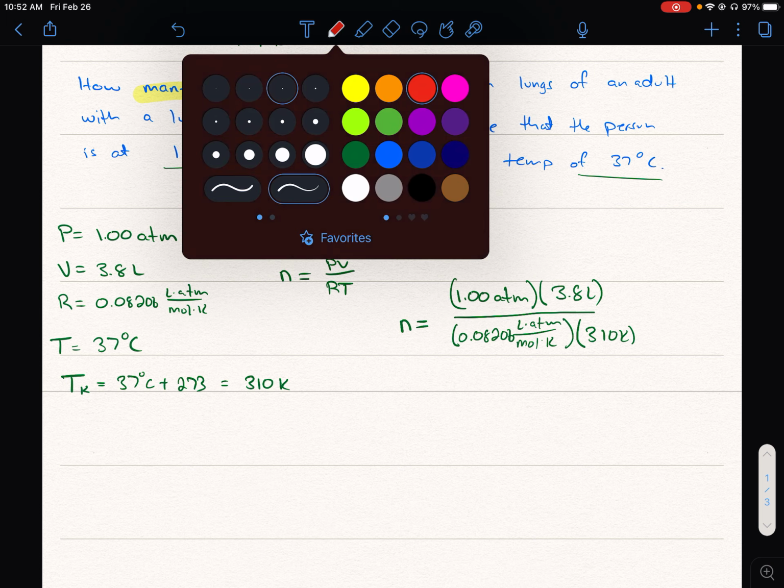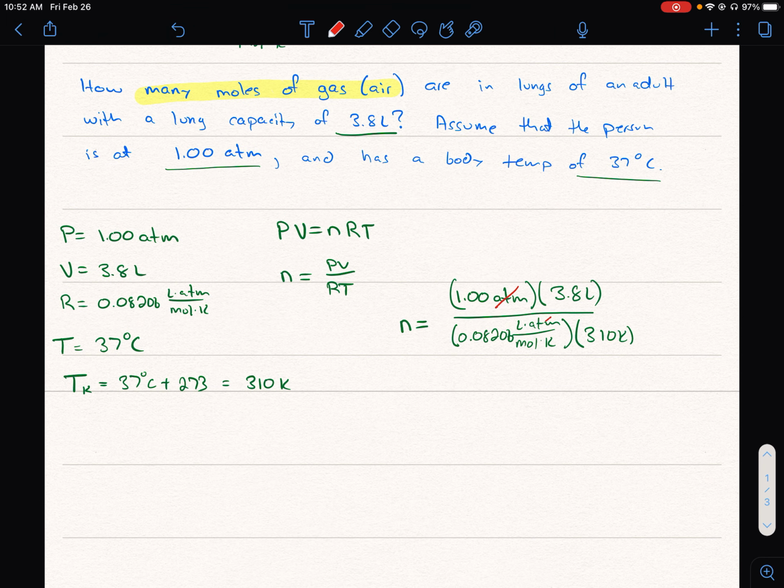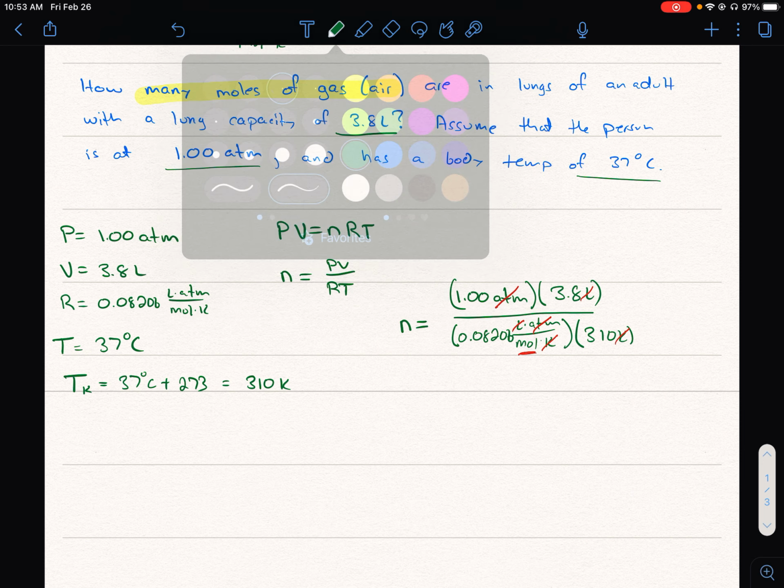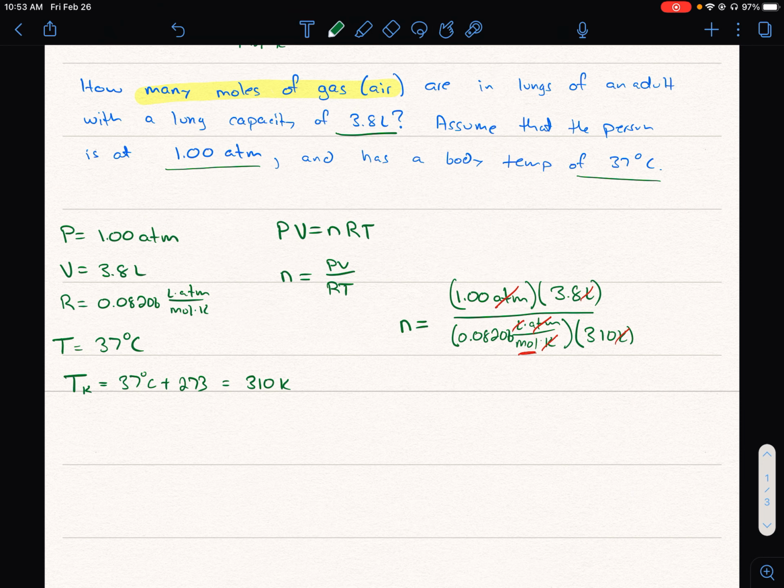We can now cross out units. Atmospheres, cross out with atmospheres. Liters, cross out with liters. Kelvin, cross out with Kelvin. And we're left with moles on the bottom of our fraction of a fraction. So that's going to flip up to the top. So the number of moles is going to be equal to 0.15 moles of gas in the average adult lung.